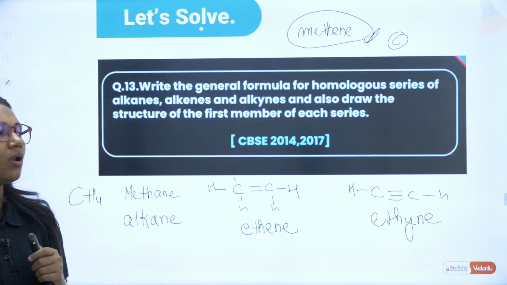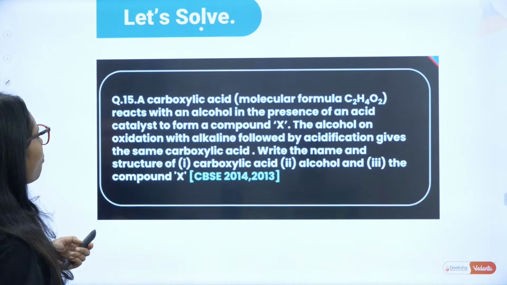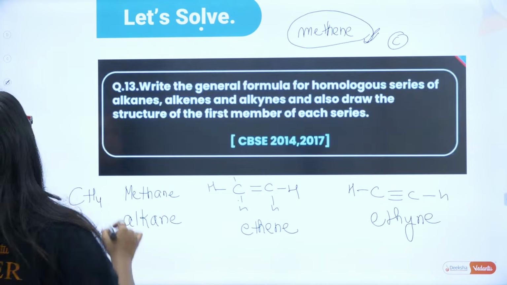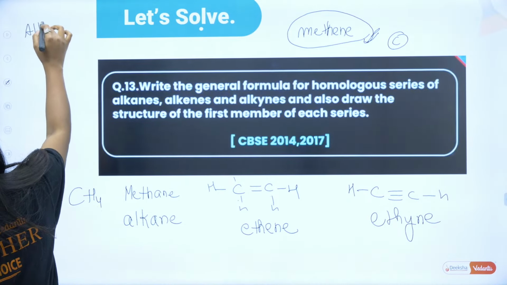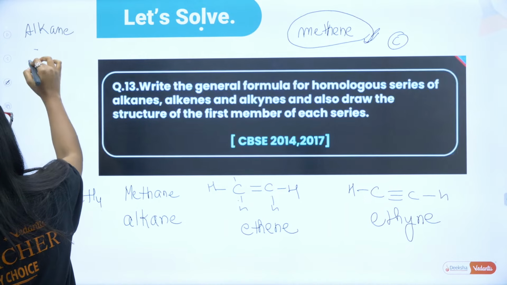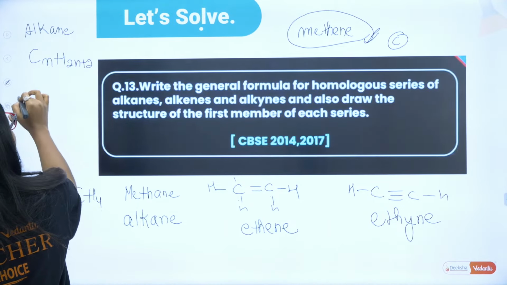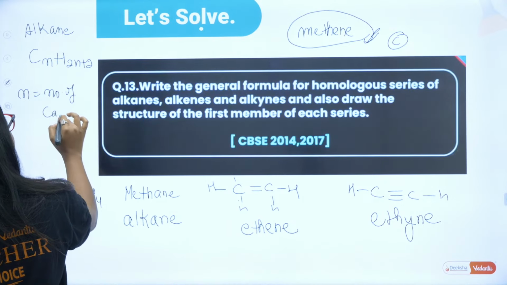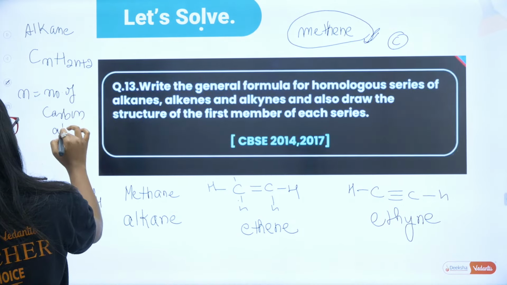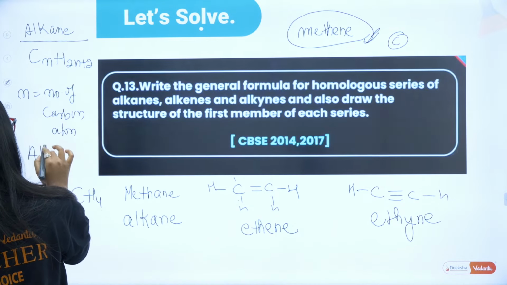Write the general formula. What is the general formula? For alkane, the general formula is CnH2n+2, where n is equal to the number of carbon atoms. Correct? What is the general formula for alkene?